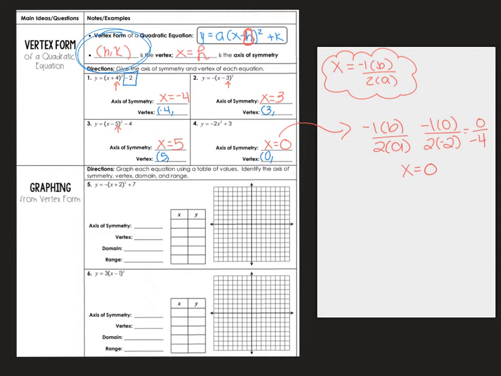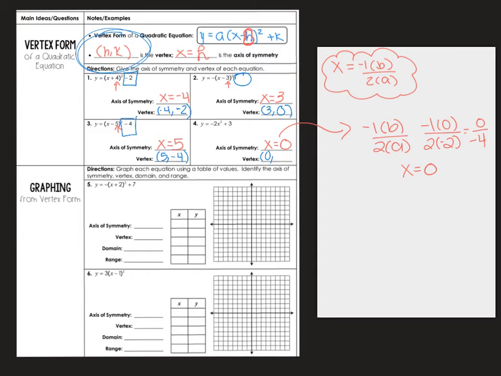So for number 1, that k position is a -2. That's your y value on the vertex. For number 2, there is nothing sitting in this k position, so we would put a 0. For number 3, -4 is sitting in the k position. That's going to go here for our y value.